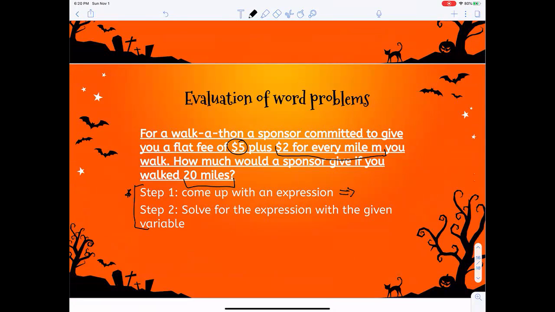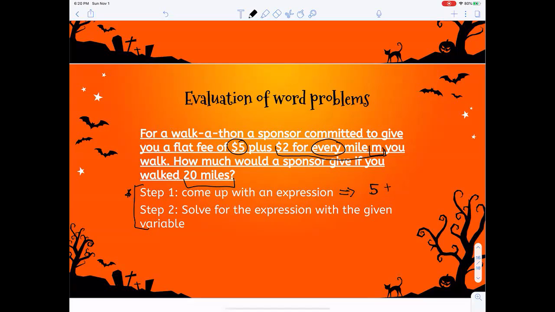So if I were to do this step first, I read this problem and I see, okay, so he has committed to give me a flat fee of $5. So that means a flat fee is that regardless of how much I walk or I run, he's giving me $5. And then for every mile, he gives me $2. So if I think about this, regardless, I'm getting $5.